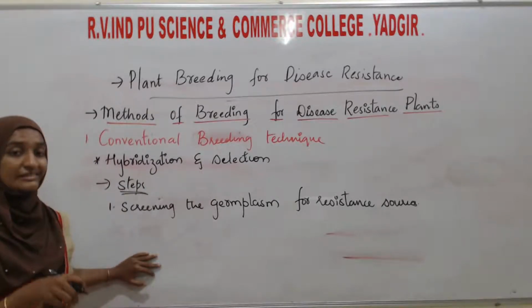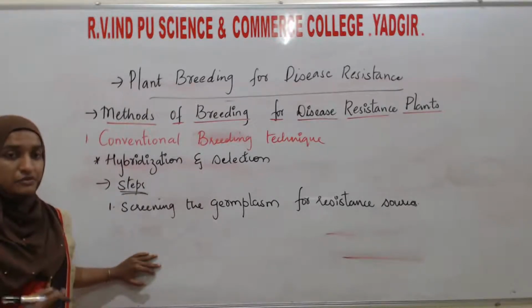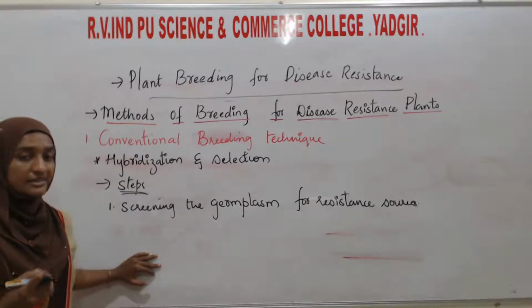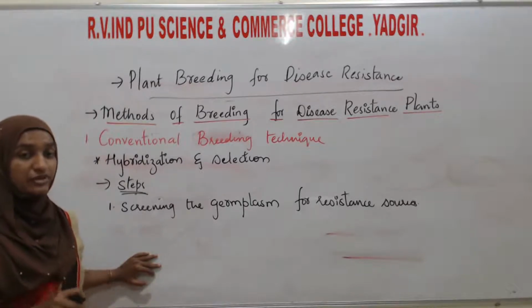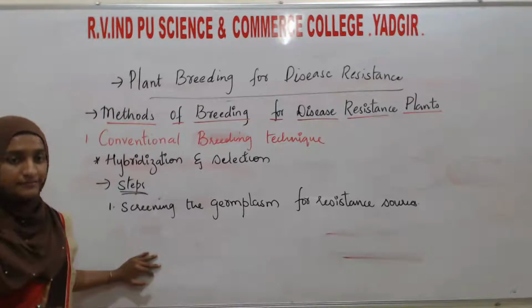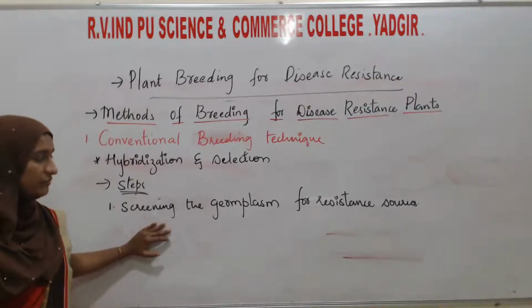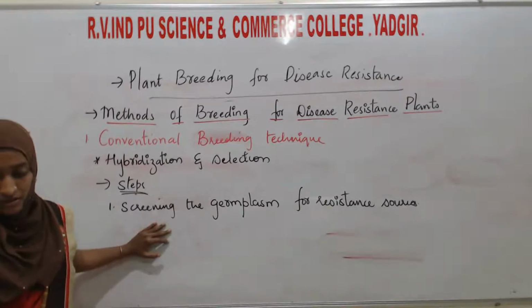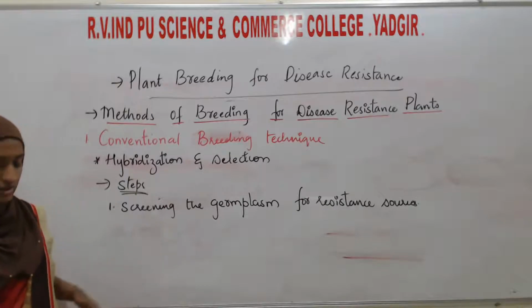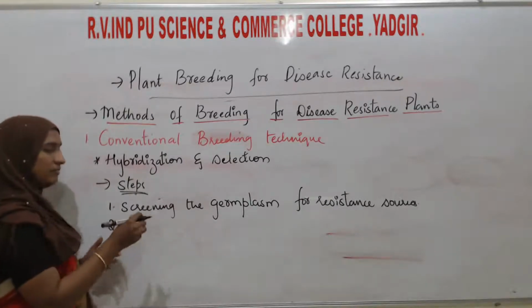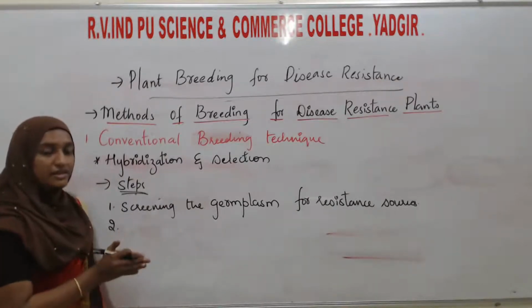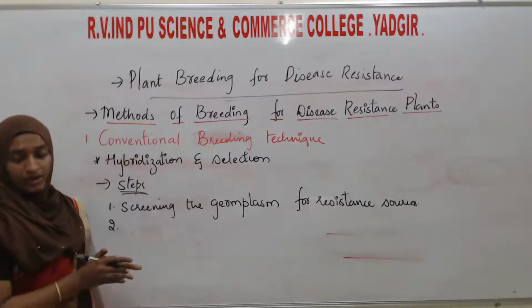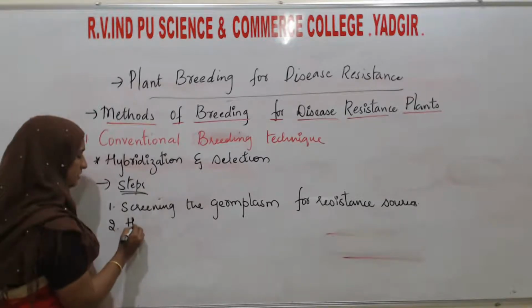Germplasm means collecting the seeds or plants which have disease resistance. Such seeds or plants they are going to collect. Okay, that is screening the germplasm for resistance sources. Then next, hybridization of selected plants. After collecting them, they make them cross. That is the hybridization of selected plants.